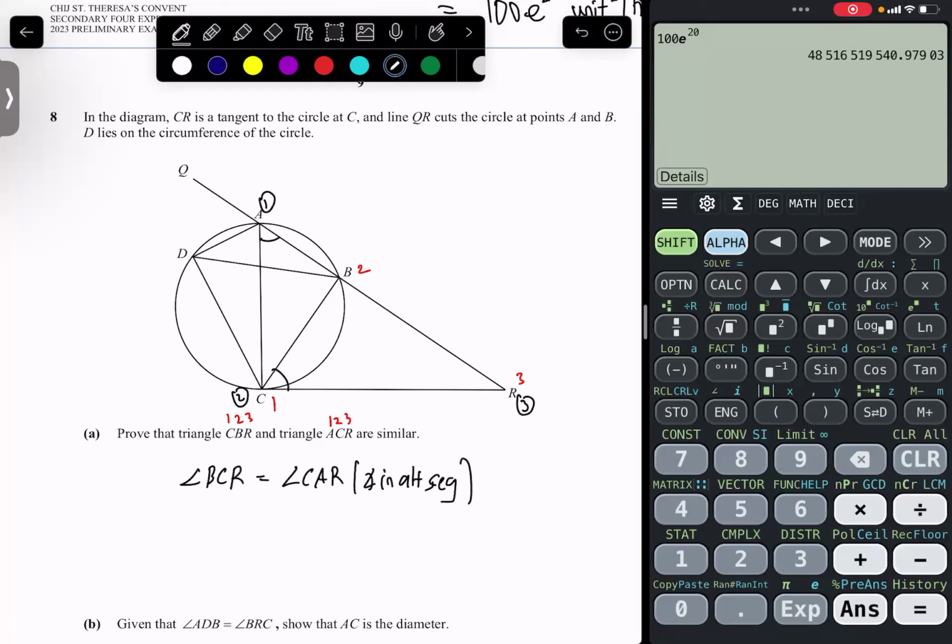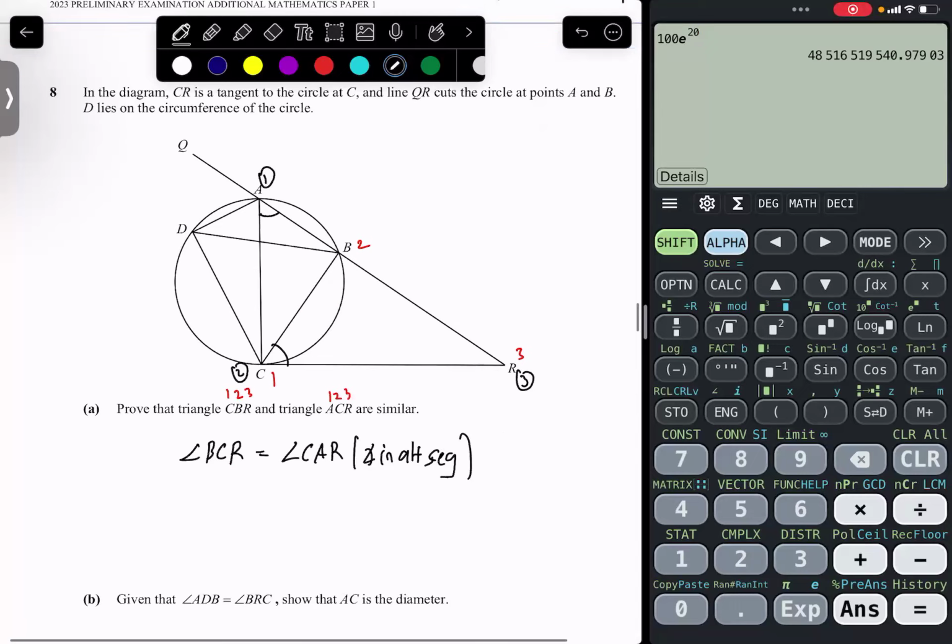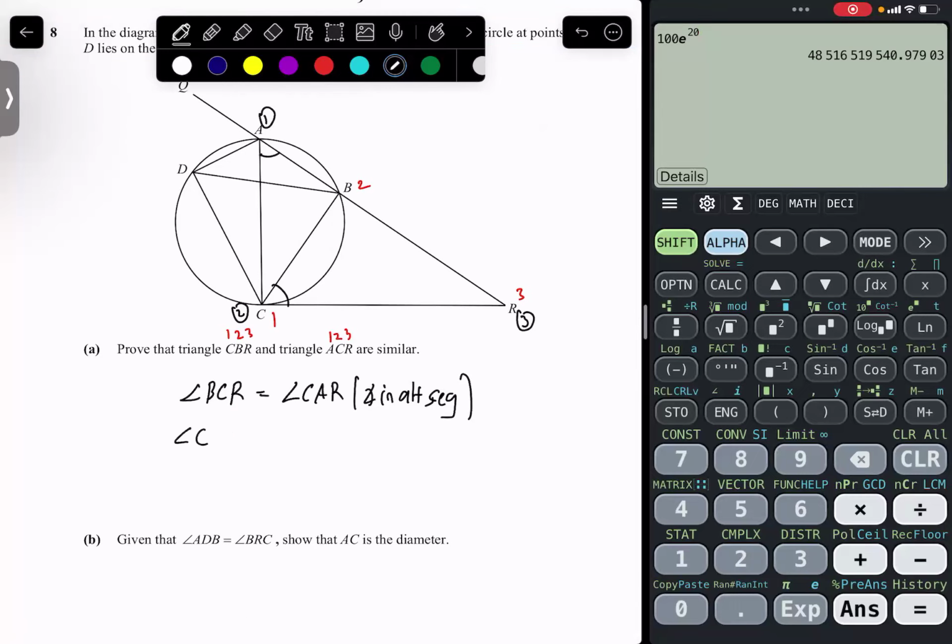Angle CRB and angle ARC: angle CRB equals angle ARC, common angle. Therefore, similar by AA.